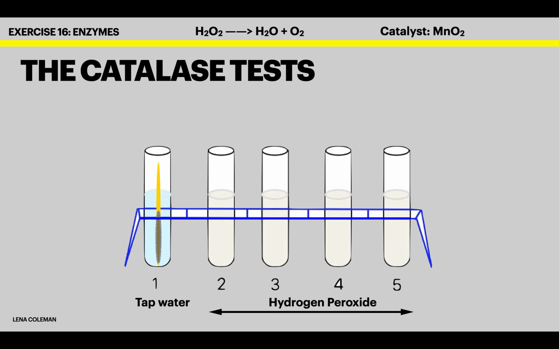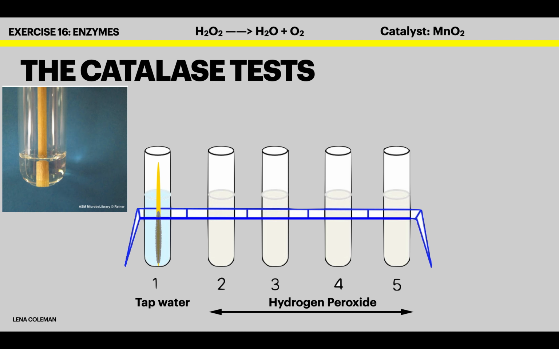So now we're looking to see if we see any bubbling reaction happen. Now, in the water, we see something like this, where the liquid looks unchanged. And that is for tube 1 with tap water. Let's add a toothpick coated in manganese dioxide to hydrogen peroxide.